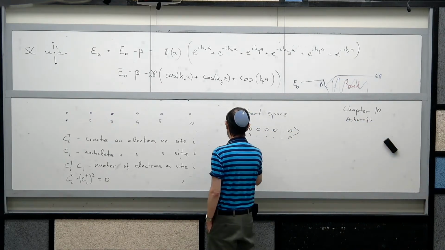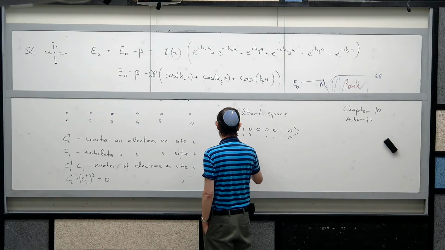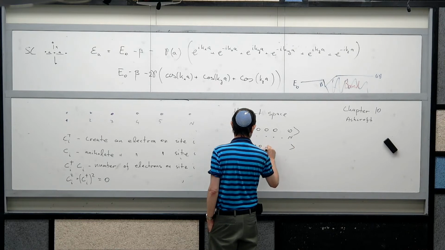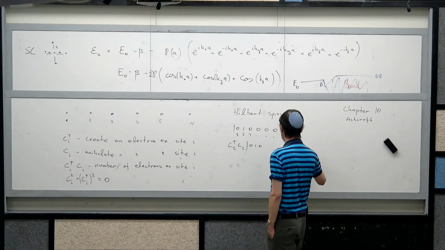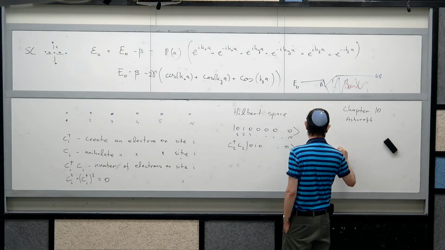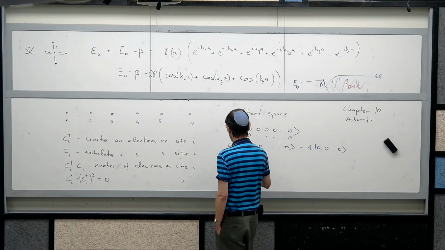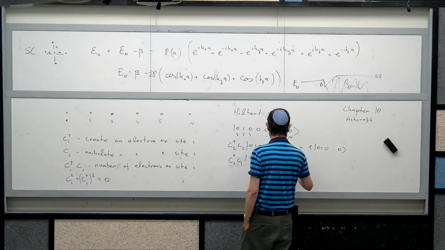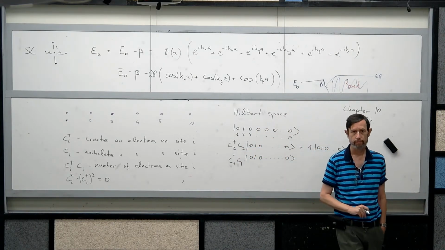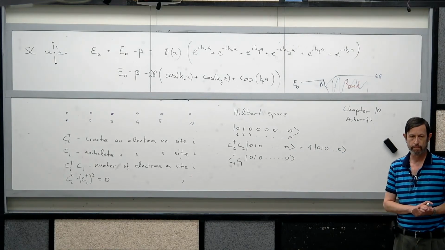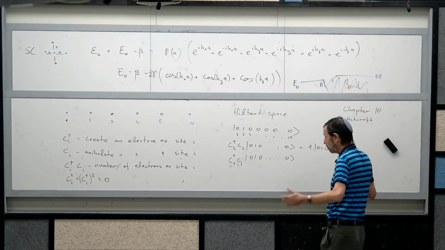Let's say C2 on this state would have given me the next one, while what will this give me? 0, because there's no electron.